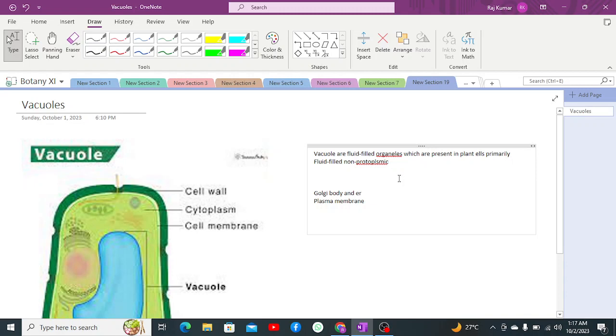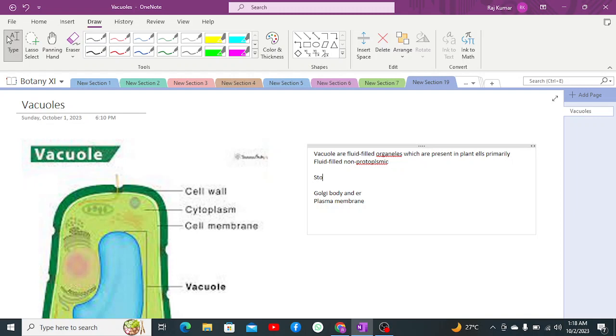It does not have any living component which performs metabolic activities. As there is no metabolic activity, it is a non-living, non-protoplasmic fluid, a fluid other than protoplasm inside the vacuole.